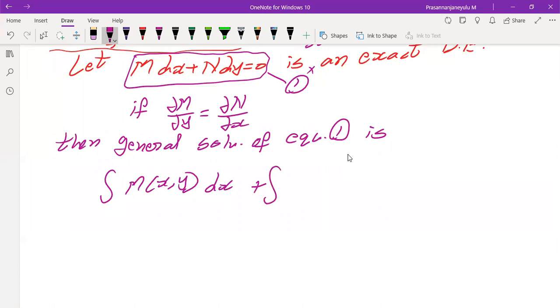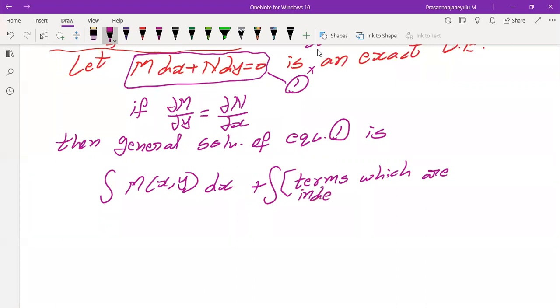integration of, in N, what we have to do is take the terms which are independent of x.